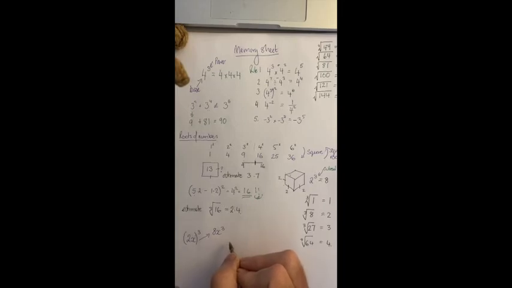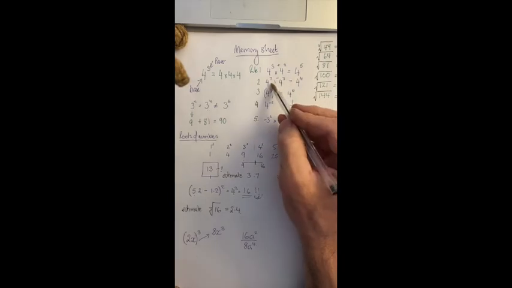Now, other ones you need to know, for instance, like a fractional algebra question. So they could have something like 16a squared over 8a to the 4. Now, remember, you cancel down here. Here, this is dividing, very similar to what we did here.